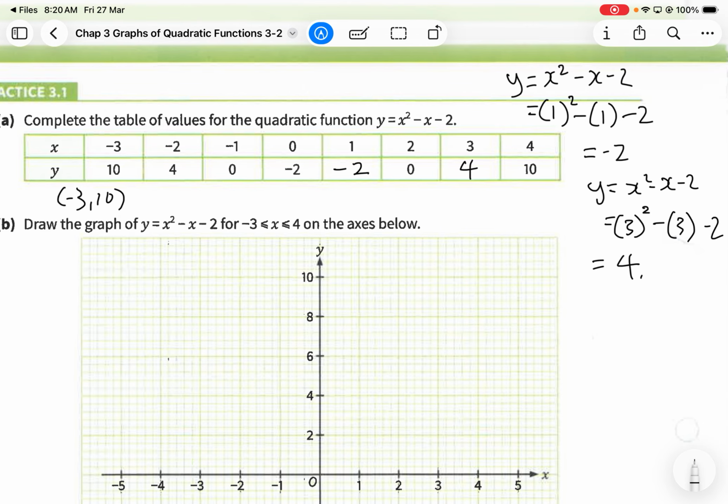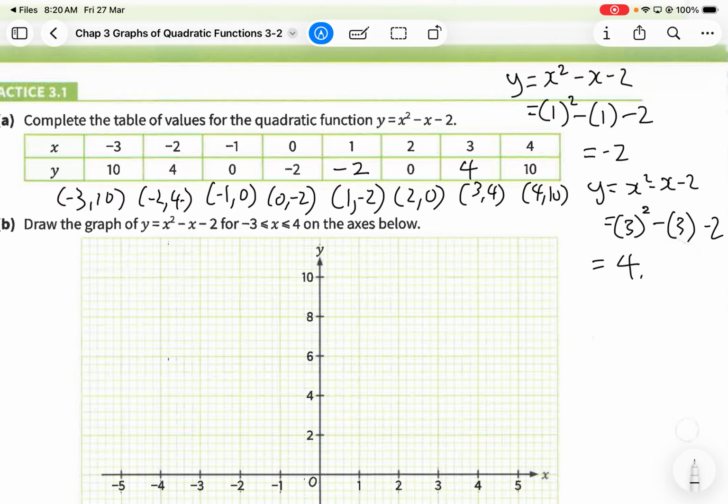That is 1 point. Then the second vertical column will give me another point, negative 2, 4. The next one will give me another point, and so on for each column.